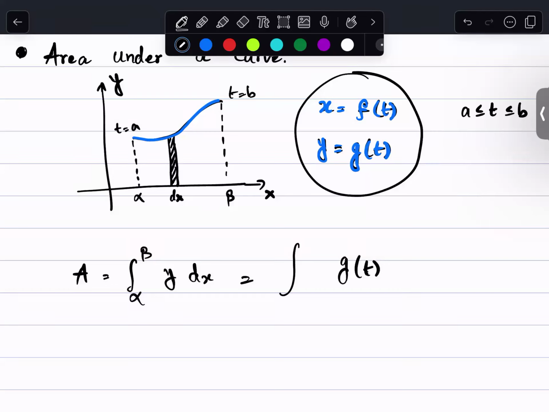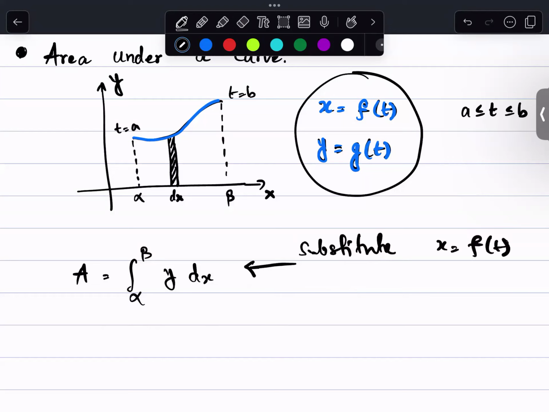I know that x is f(t), so if I substitute my x as f(t), then dx will be f prime(t) dt, and y is given as g(t).